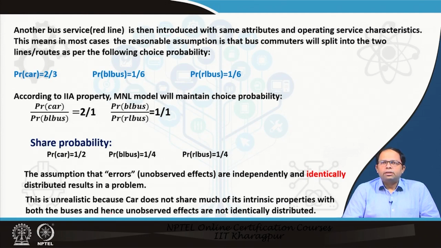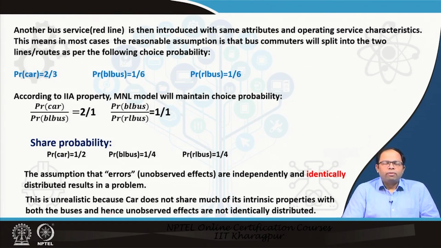When we divide it into two parts, blue line bus and red line bus, because both services are exactly the same, people will choose blue bus or red bus in a 50-50 split. That is why it becomes 1/6, 1/6. So this is the expected probability.